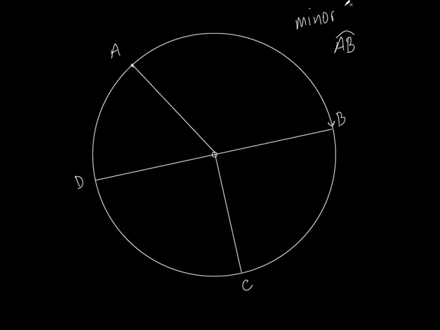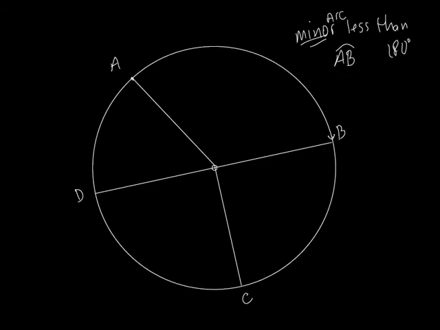A minor arc is less than, what did I say? Than 180 degrees. Okay, I should put the word arc in there. A minor arc is less than 180 degrees. You all right with that? So I could call that AB.